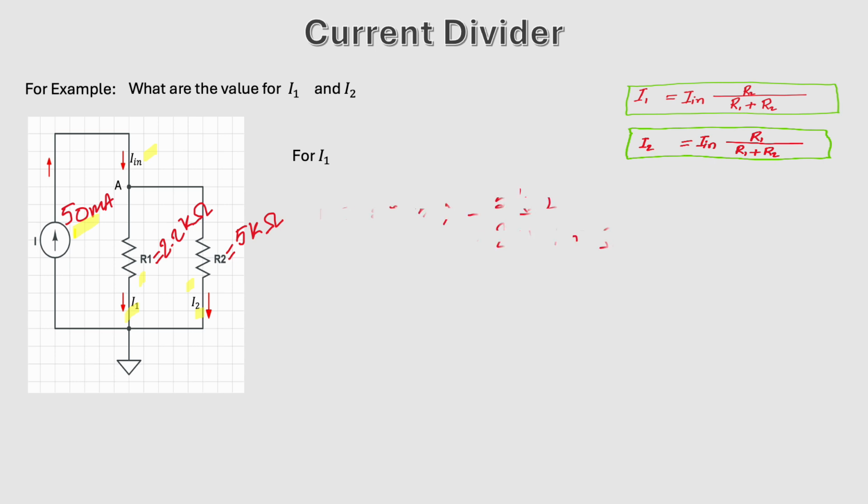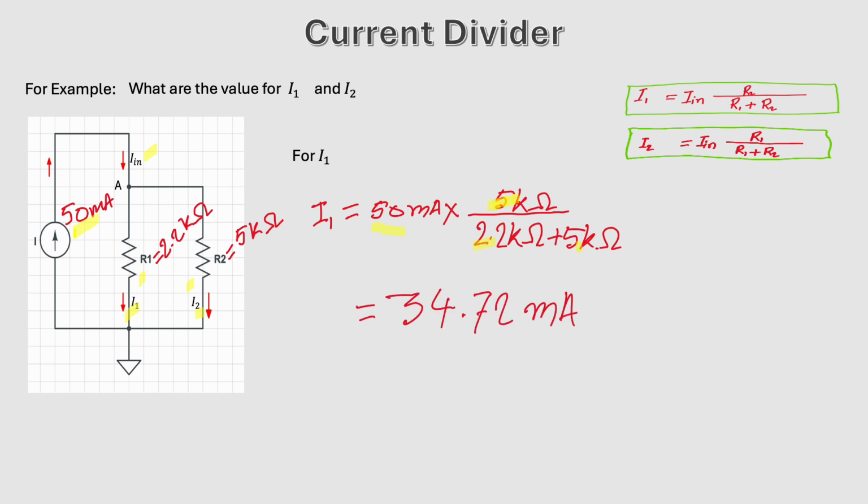For I1 we just put in the value for I in, and R2 is 5 kilo ohms, R1 plus R2. After calculation I found I1 is equal to 34.72 milliampere.